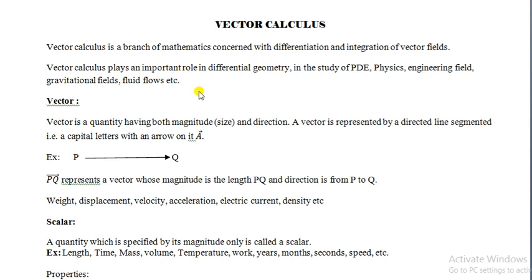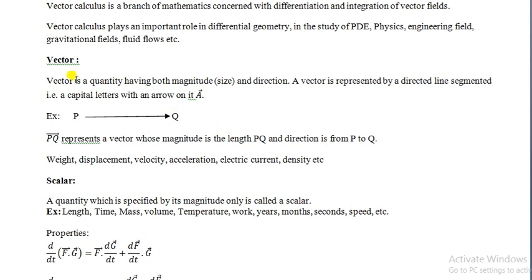In vector calculus, first we discuss the meaning of vector and scalar. First, the meaning of vector. A vector is a quantity having both magnitude, also called size, and direction. Any quantity containing magnitude as well as direction is said to be a vector.